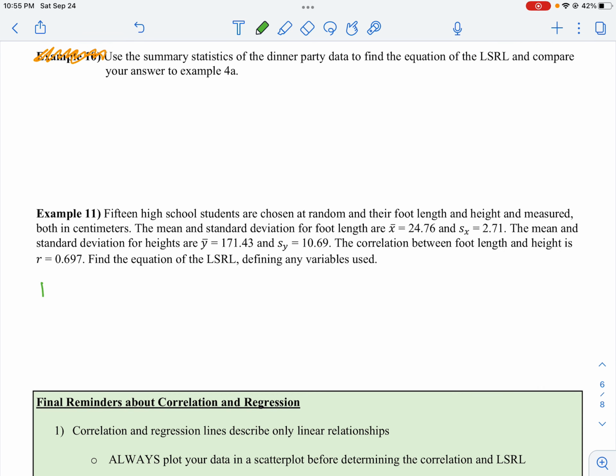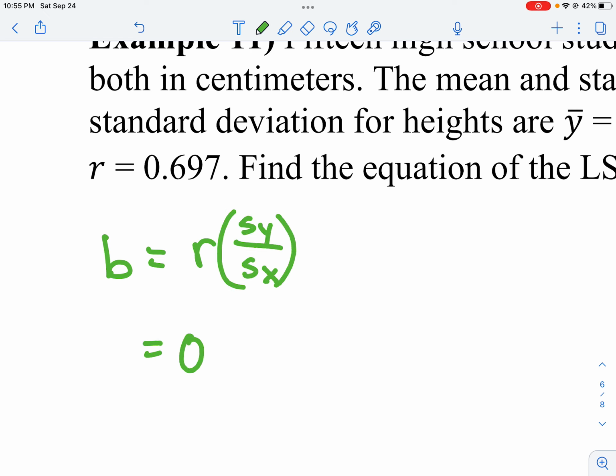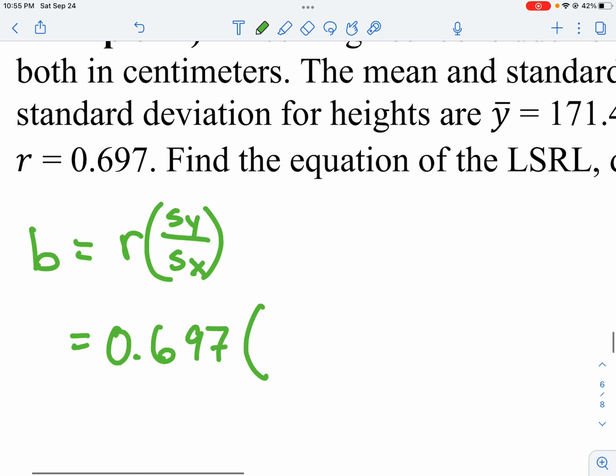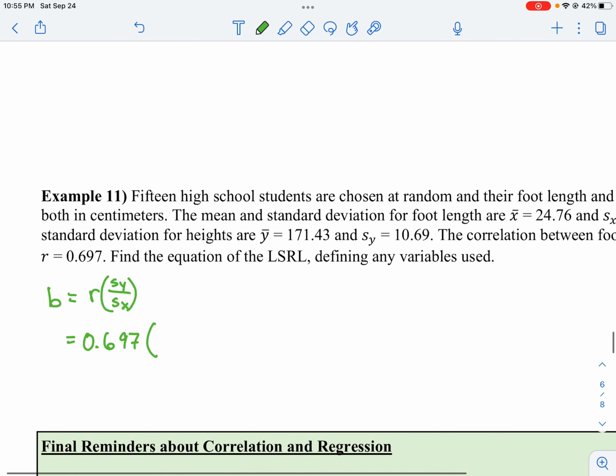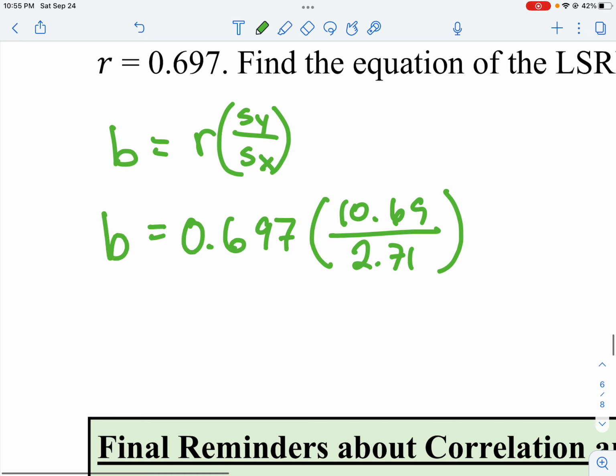So first step, find the slope. B is equal to r times the standard deviation of y over the standard deviation of x. Therefore, that's 0.697 times standard deviation of y, 10.69, over standard deviation of x, 2.71.